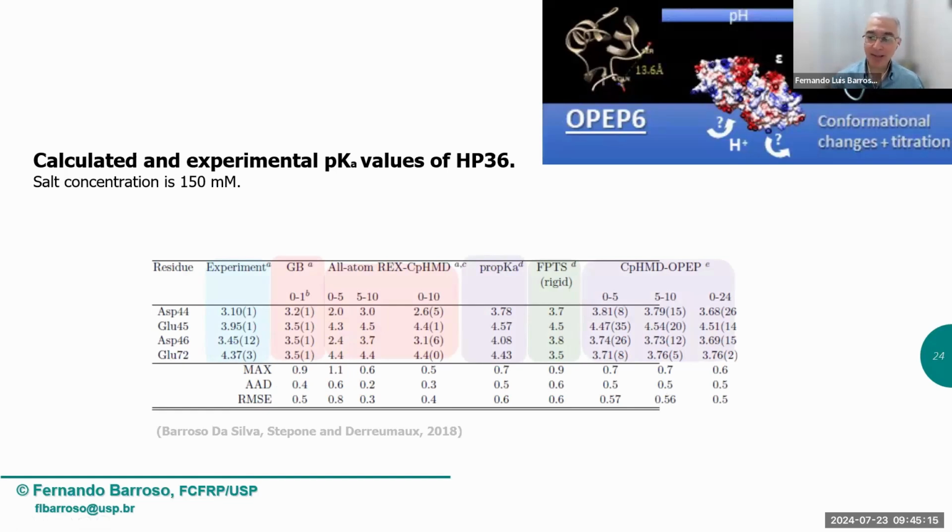We gain something, but we pay a much higher CPU time. So depending on what we are doing, it's not really appealing to pay more to get essentially the same results. That's why very often we are still using FFTS and not OPEP, because we see that it's much more convenient to get reasonable numbers with FFTS. But again, there is a slight improvement.